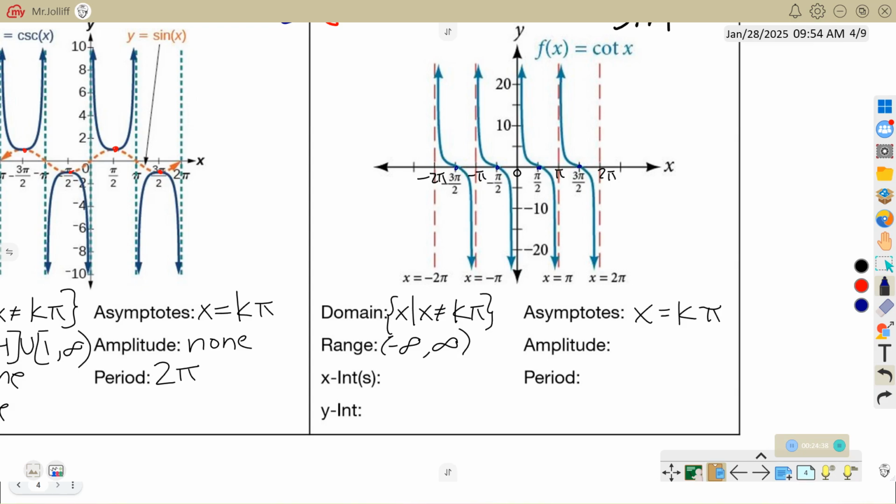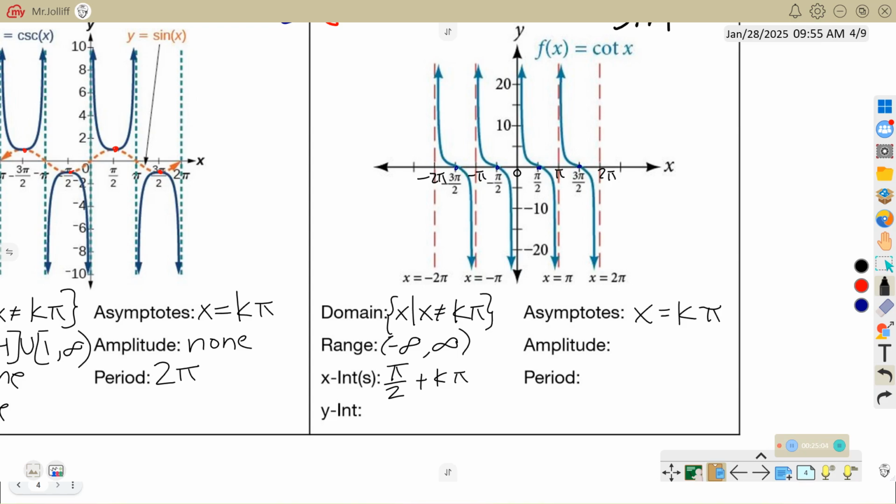Pi over 2, 3 pi over 2, 5 pi over 2. So these x-intercepts are the asymptotes for the first 2 graphs. These are occurring at pi over 2 plus k pi. So pi over 2, 3 pi over 2, 5 pi over 2, 7 pi over 2. Good.